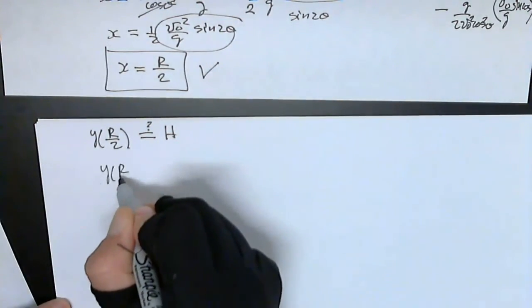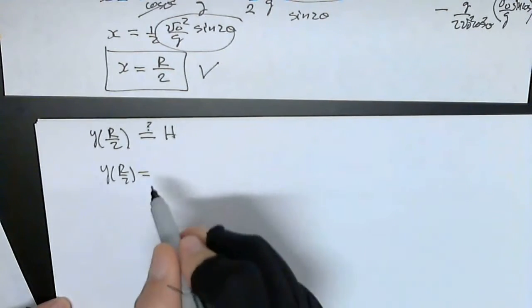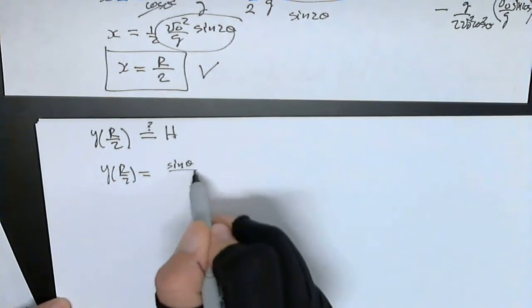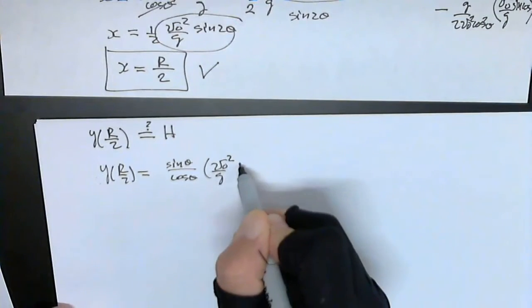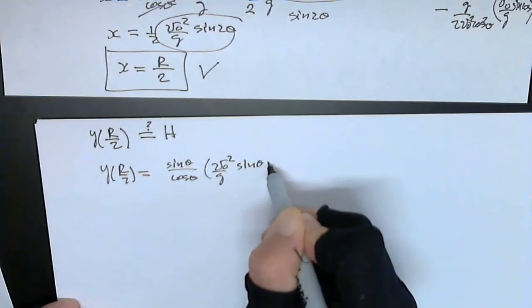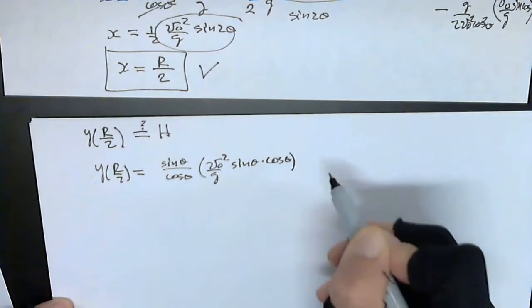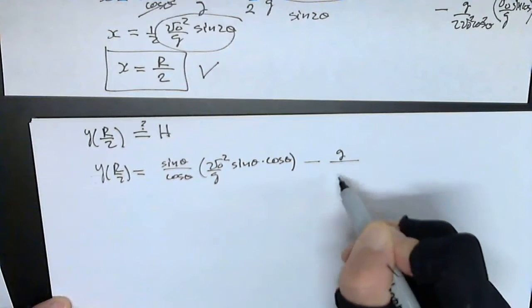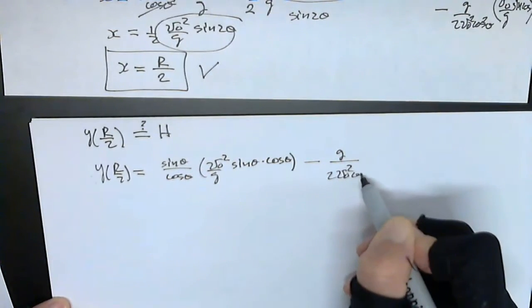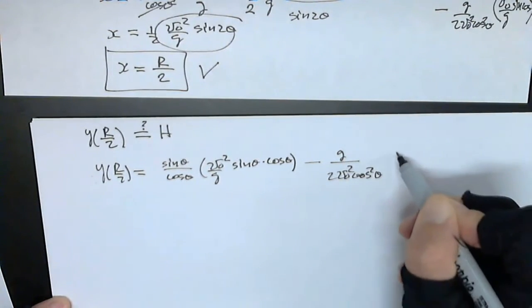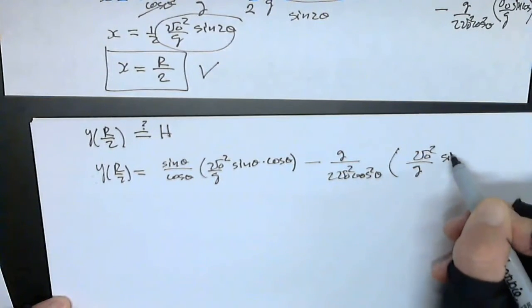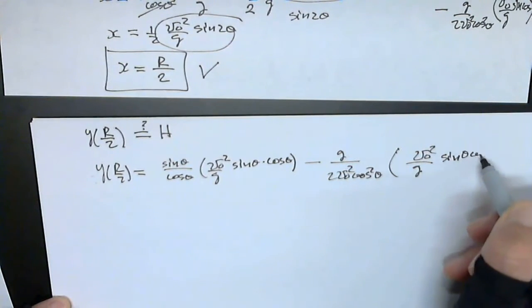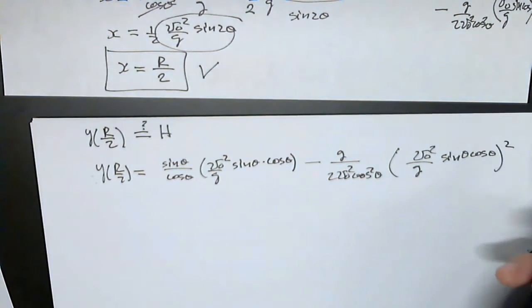So y at r over 2 is sine over cosine times sine times cosine minus g over 2 v naught squared, squared.